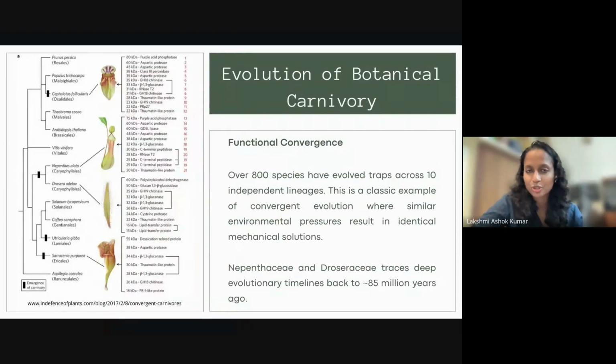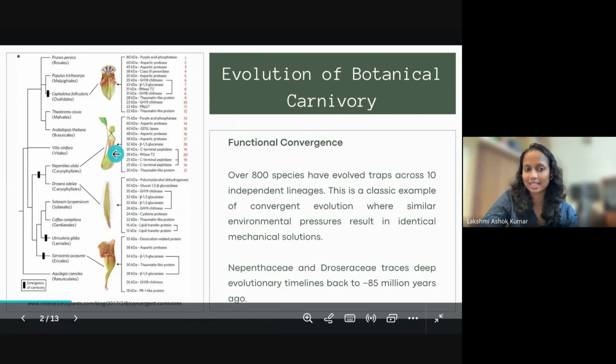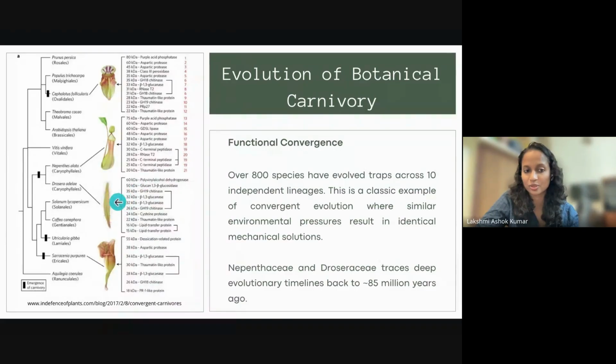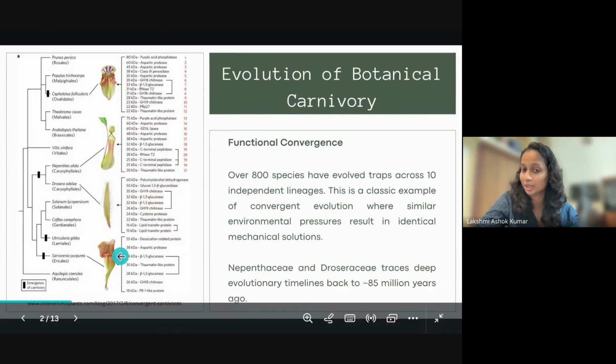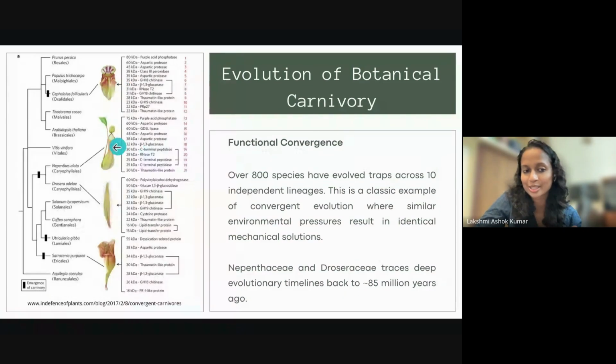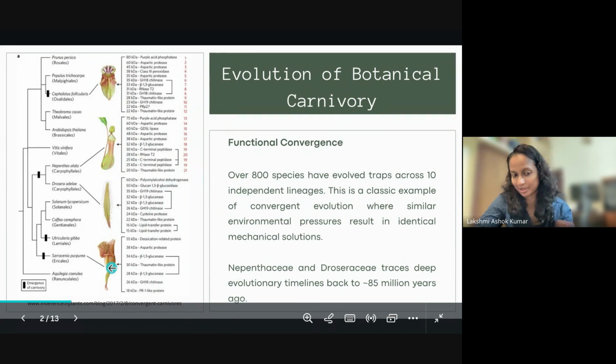So here in the picture, I don't know if it is readable, but you can see the top one is a cephalotus, and the second one is the nepenthes, and this is a drosera, and this is a sarracenia, the American pitcher plant. So if you take cephalotus, nepenthes, and pitcher sarracenias, all three have pitfall traps.